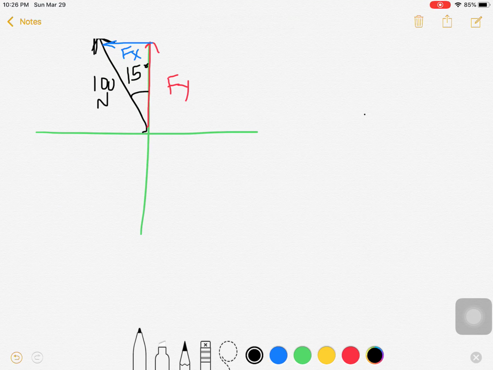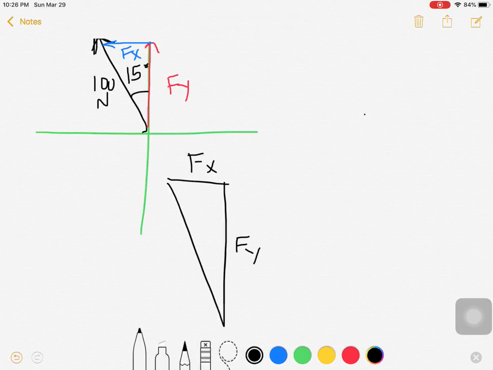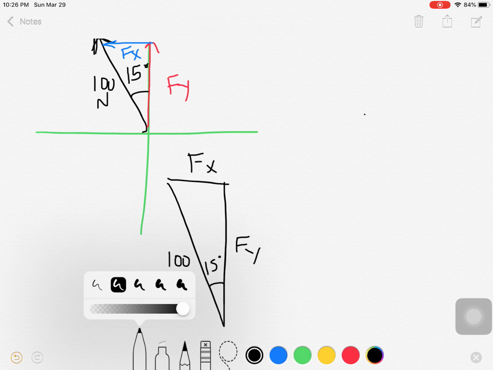Let's go ahead and redraw this to give ourselves a little bit more room. And we said our angle was 15 degrees. So, starting with the angle we have an opposite side that's unknown and a hypotenuse that is known. So we know if we use sine, we're going to be relating the opposite side to the hypotenuse.